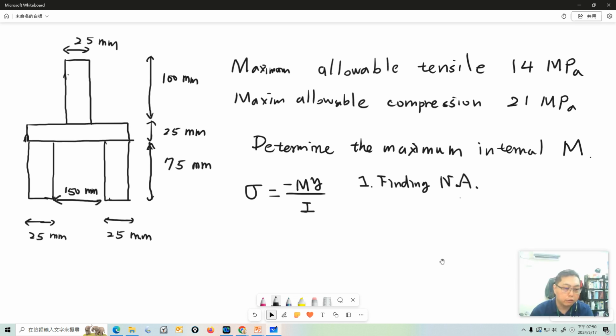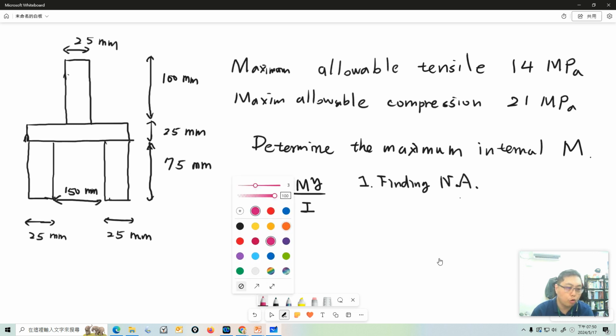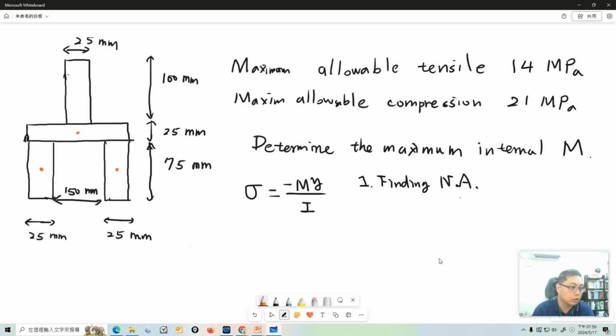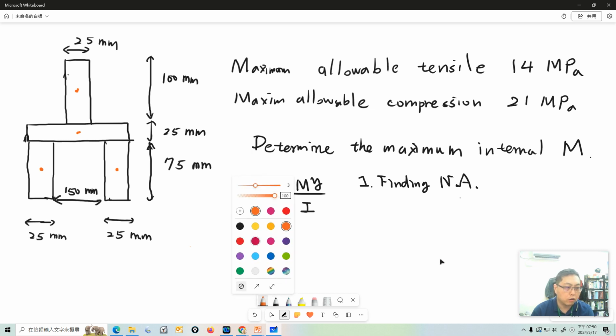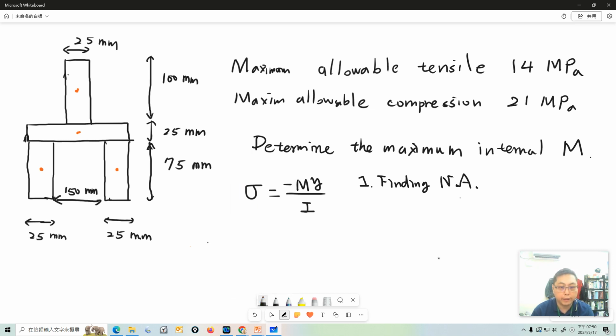The centroid of a rectangular shape is very easy: the centroid is here, here, here, and here.